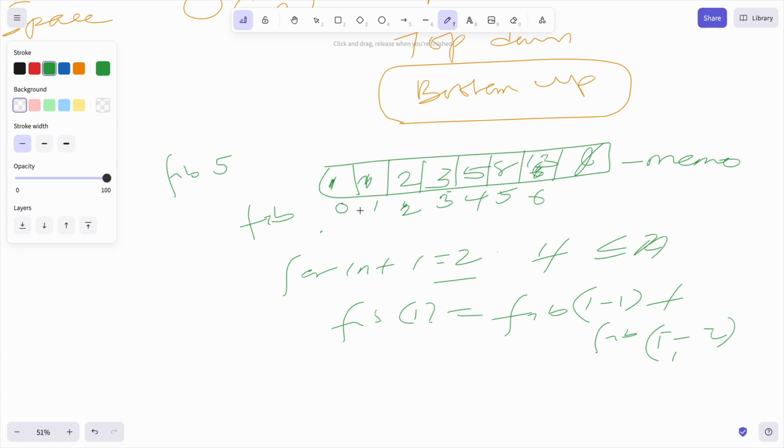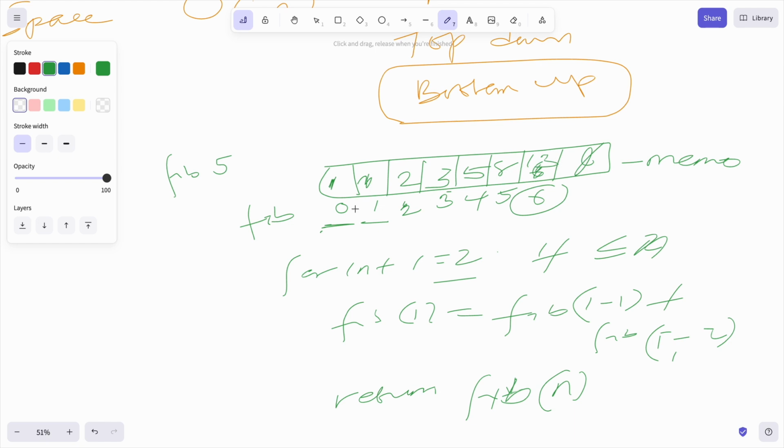The other thing is that we are solving this problem starting from the base cases 0 and 1, and then working our way all the way to the solution that we've been requested to give. So at the end of the day, imagine that this is the same function call, we'll just return fib of the parameter that was passed in, which is n. That will be fib of 6, which will be this 13, whatever the n is.